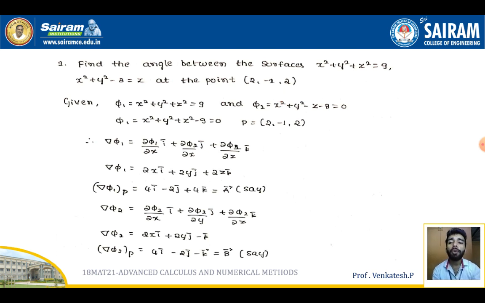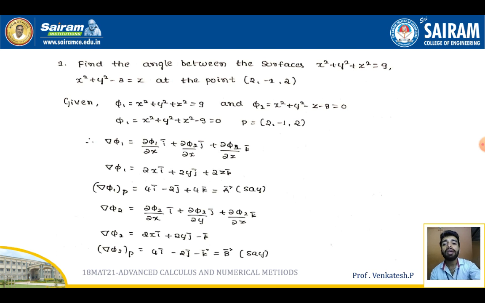So now I'm going to find the gradient pi 1 and gradient pi 2. The formula for gradient pi 1 is dou pi 1 by dou x i cap plus dou pi 1 by dou y j cap plus dou pi 1 by dou z k cap. So I'm going to differentiate this scalar function pi 1 with respect to x, and I'll be getting 2x. Differentiating pi 1 with respect to y, I'll be getting 2y.